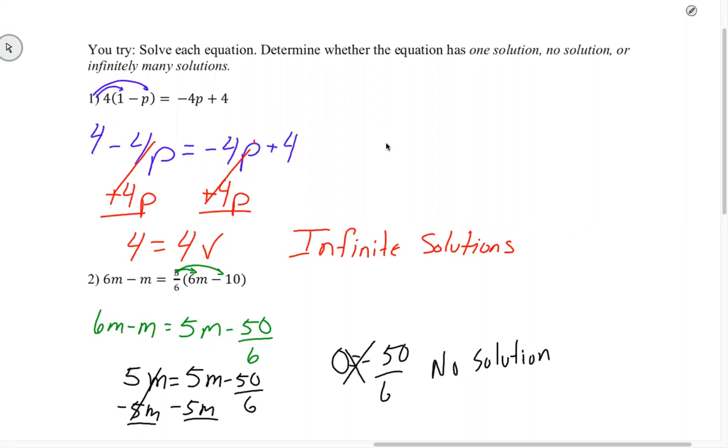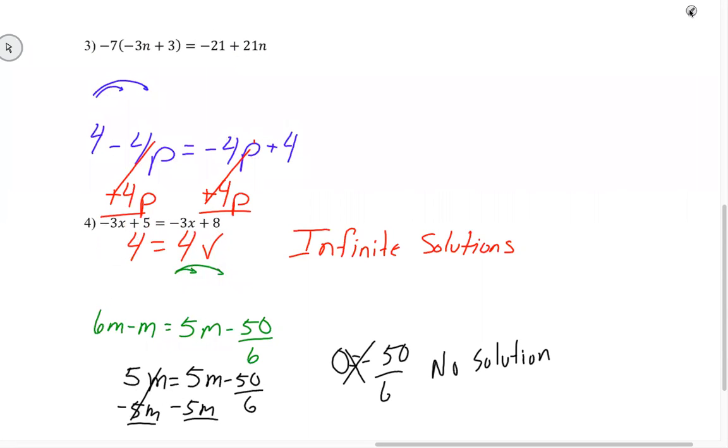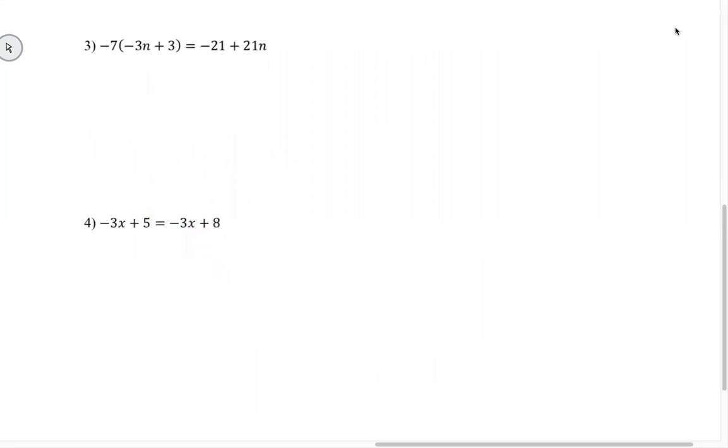Any questions on those two? Number 3. Well, let's distribute that negative 7. That's going to be 21n minus 21 equals negative 21 plus 21n.